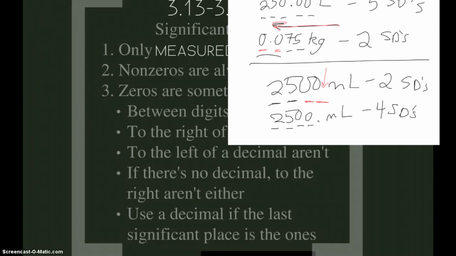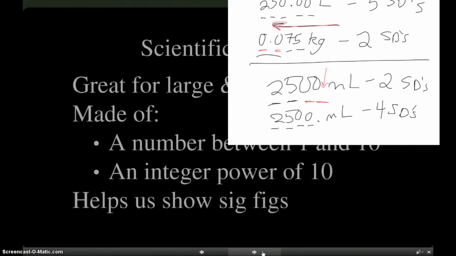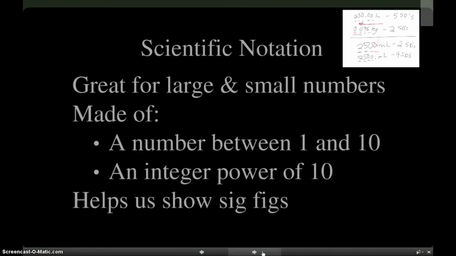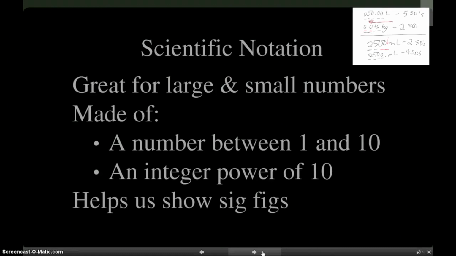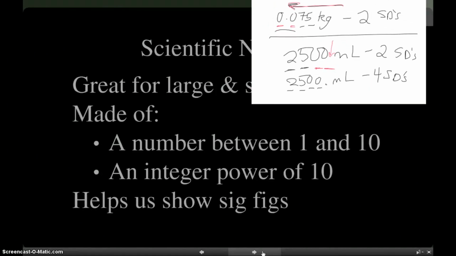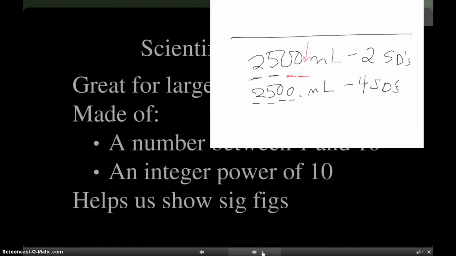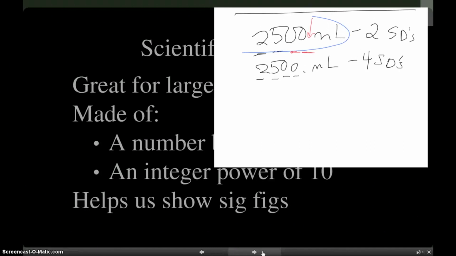All right, the very last thing we want to talk about here is scientific notation. Sometimes you have to use scientific notation in order to show your significant digits. So for example, we'll just take a look right here at this problem that we had. Taking a look up here at this number, 2,500 milliliters.